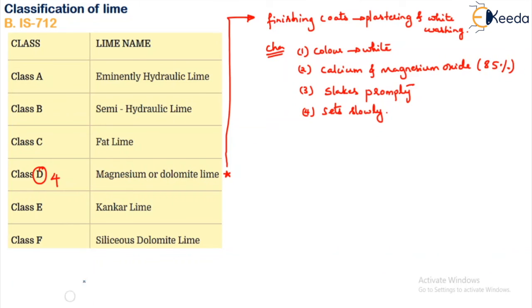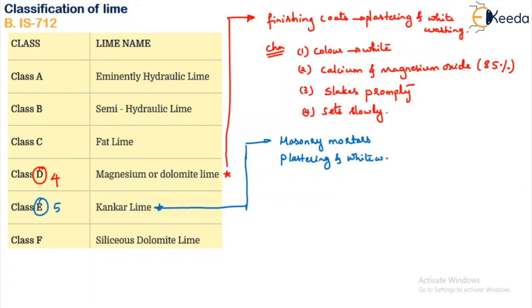Moving on to the fifth type, that is the class E, which is nothing but your kankar lime. This we usually use for making masonry mortars, for plastering and whitewashing. Okay, the characteristics of this type of lime: the color, again it is white.